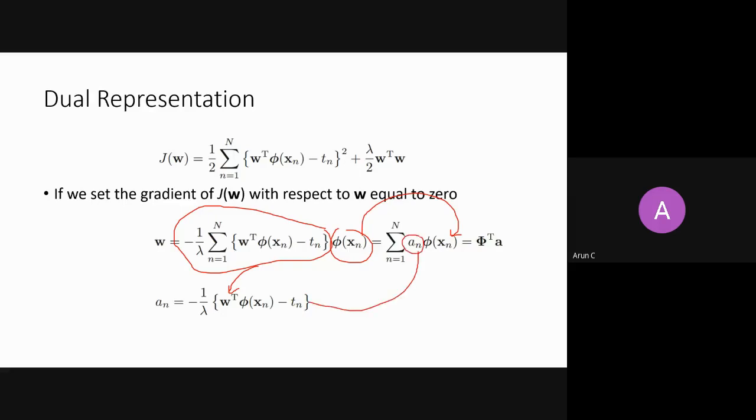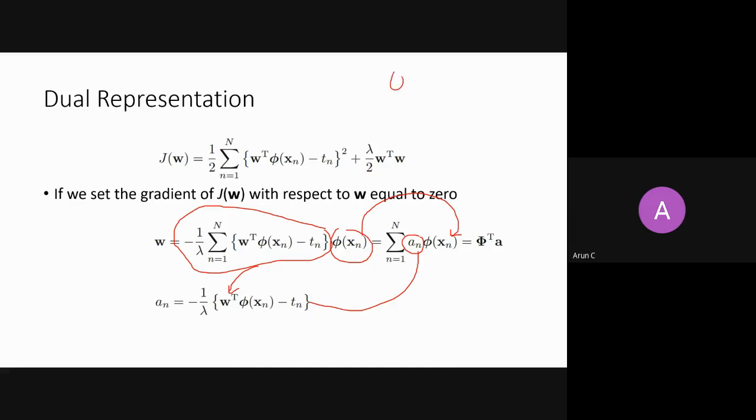You just replace the first term in the product with an, right? Now you are saying that you are multiplying each of the samples in the data set with an, right? Because it is phi xn projected, and you're multiplying it with an.